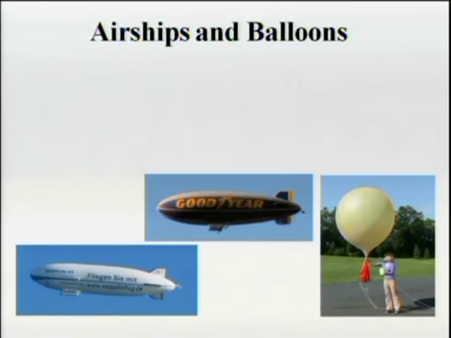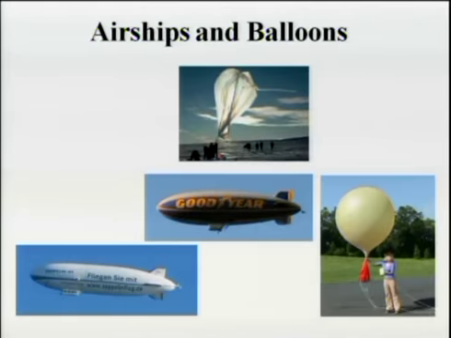Now we also have balloons. Take a look at these. These are high altitude balloons, and this is the launching of the balloon. It is not made from elastic foil, but look how it is filled up. What can you see over here?